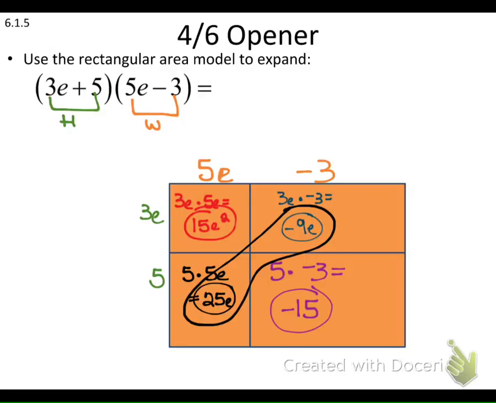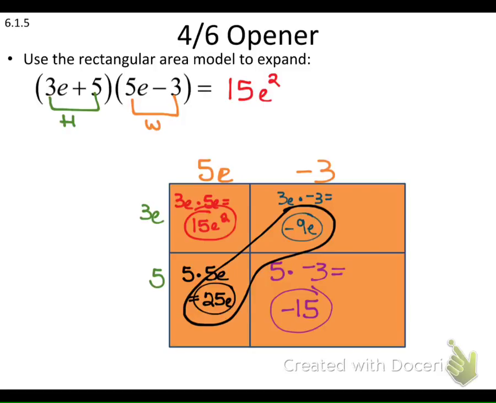When I go to write out my answer, which number am I going to put first? 15e squared. Why? Because the number with the highest exponent goes first according to your notes, right? Okay, so then what would come second? -9e. I could write 15e squared minus 9e plus 25e and then this, but I could skip that step and just combine these before I write it out.